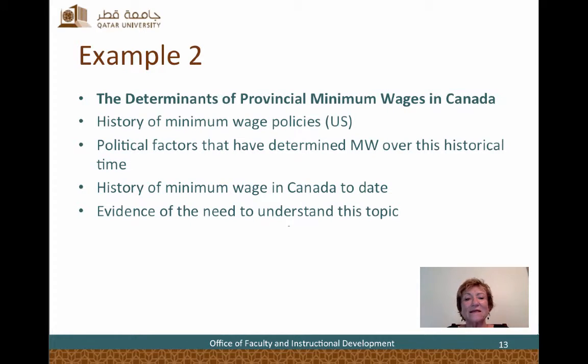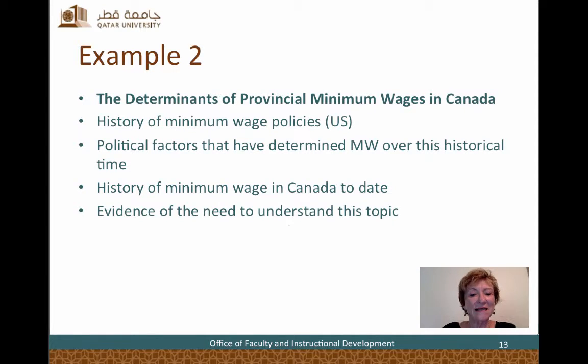Then they look at the history of minimum wage in Canada today, and maybe they find out that very little study has been done about minimum wages in Canada. That's a plus, because you can say, at that time, here's the history of the studies of minimum wage in Canada, and you can see that this research is badly needed because there has not been much research done to date.